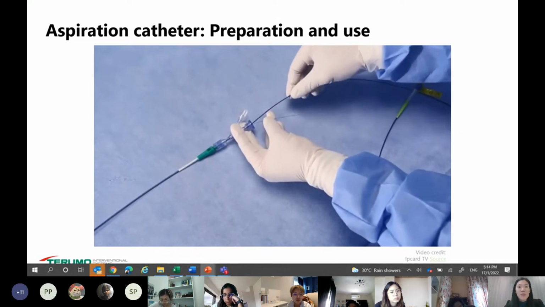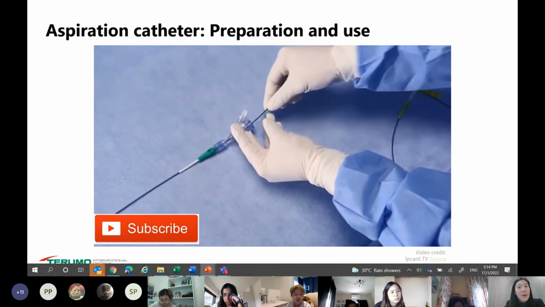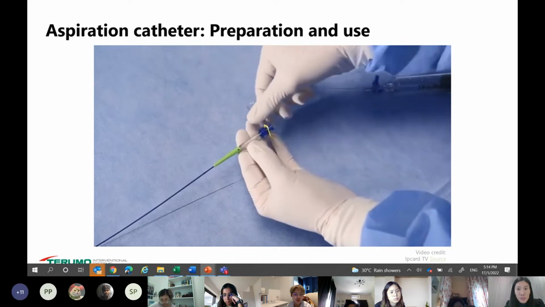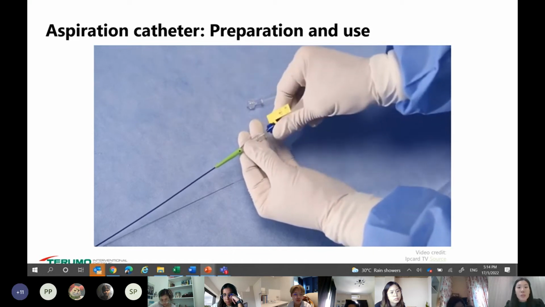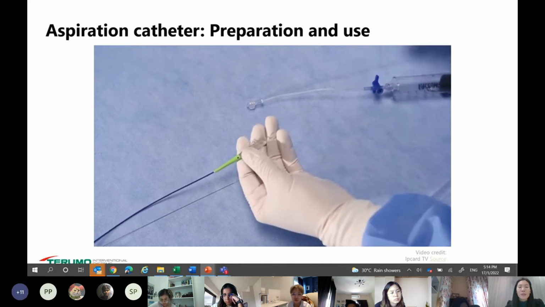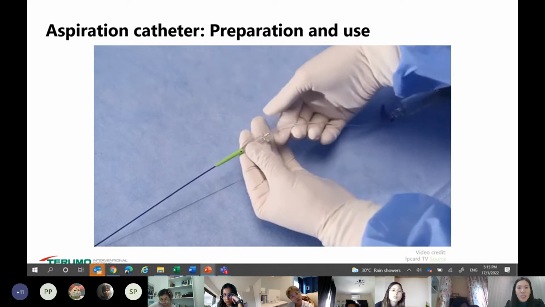So you can observe here how a rapid exchange system works. You will be able to see the guide wire extending out from the guiding catheter and push the device through. So now they will remove the stylet. This stylet again helps to push the device through. Now they attach the vacuum syringe.